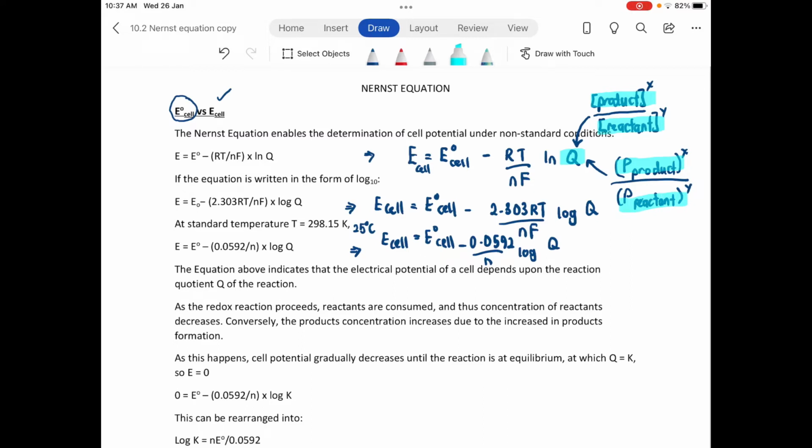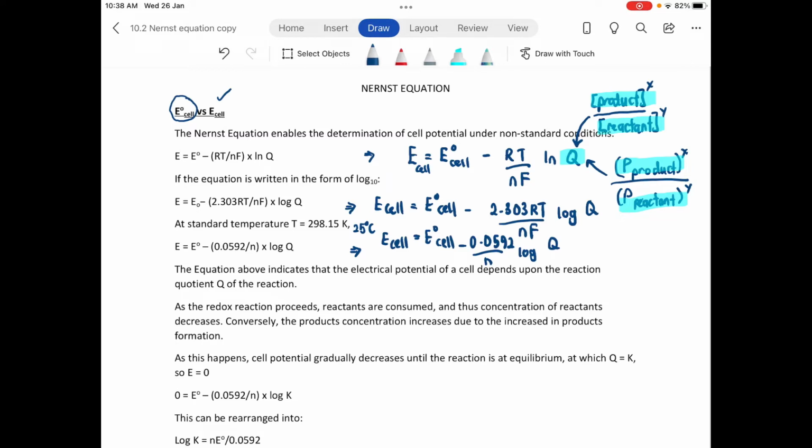And not only can we start with non-standard concentration or non-standard partial pressure, tapi sebenarnya along the reaction tu itself, since kita punya produk tu akan makin bertambah dan kita punya reactant tu akan makin berkurang, sebenarnya semasa dalam proses sel kita tu sedang berlaku redox reaction pun, kita punya E cell tadi tu ataupun voltage reading tadi tu boleh berubah.